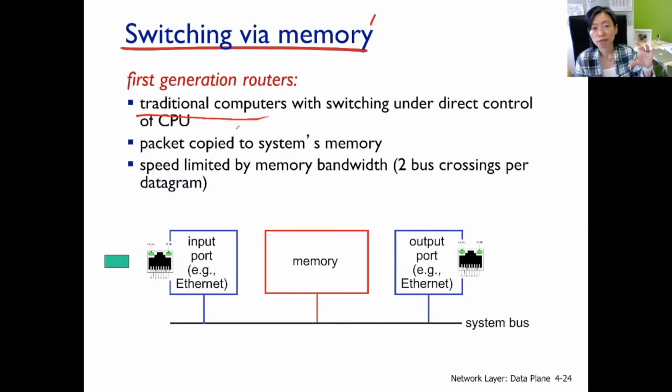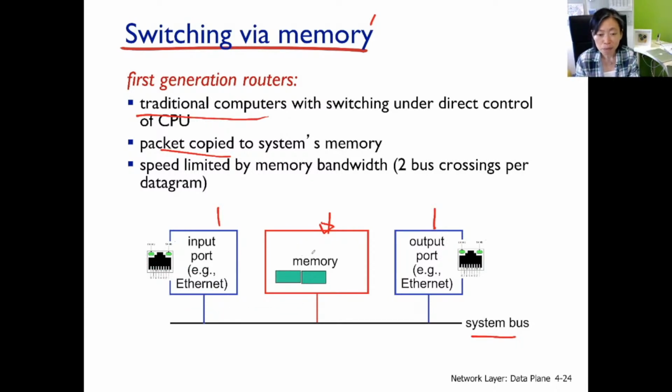We fetch data from the hard disk to the memory first before we fetch the data from the memory to the register, and therefore fire the computation circuitry. So memory there is the middle point. Before data can go anywhere, you get it from the source before you push it out. Similarly here, we have a packet in the input port, and we want to push it to the output port. The packet is going to be copied to the system memory in the middle, through the system bus.